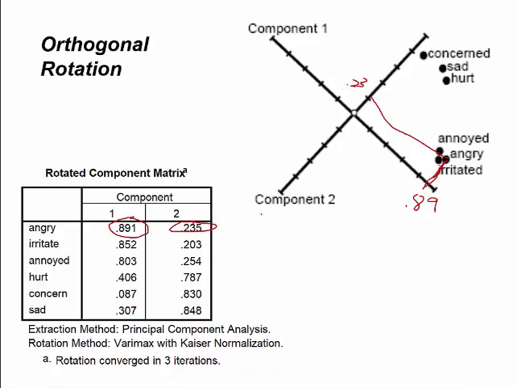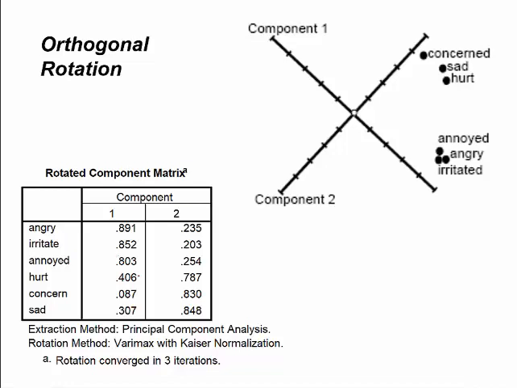So note that when I rotate my axes, where my items sit in two-dimensional space still stays exactly the same. But all my loadings in my matrix over here change to reflect this new organization of two-dimensional space. And now, if we look at these loadings, we're getting something that approaches more of a simple solution.